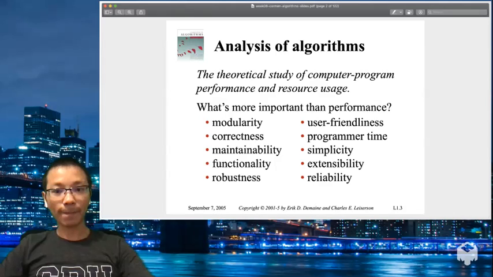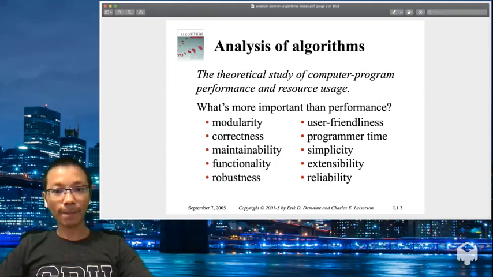And then, is it maintainable? Maintainability, in addition to modularity, which helps with maintainability, also involves clarity. Your code, is it clear to understand? When we're talking about maintenance of code, if you're the person that wrote the original code, you may not be the one that keeps maintaining it.